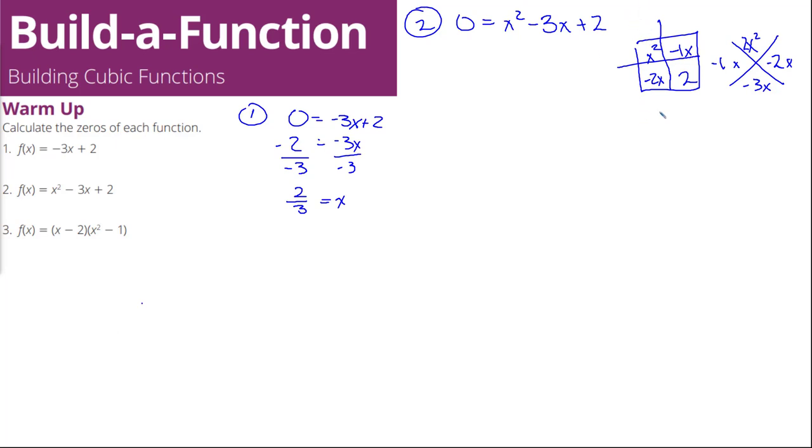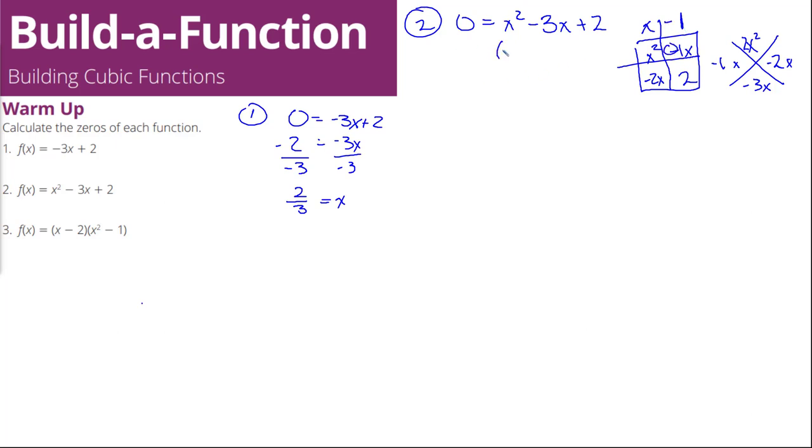The first column, what can I pull out of both of those? What's the same in both? They both have an x. And the second column, what can divide into both 1 and 2? Just a 1. And the closest sign is negative, so negative.